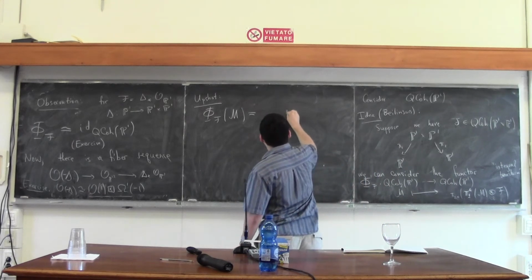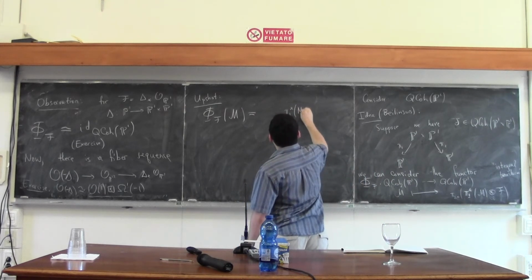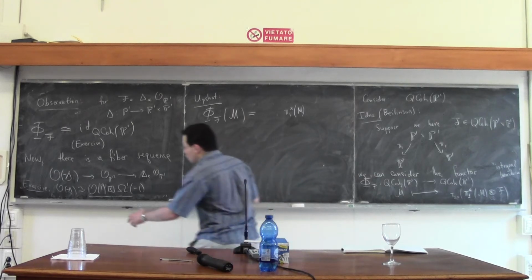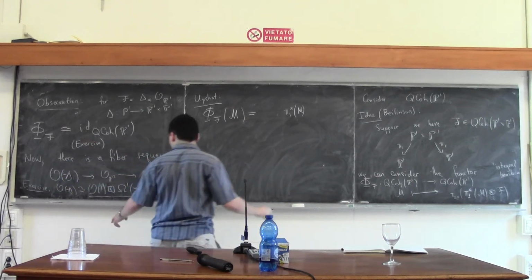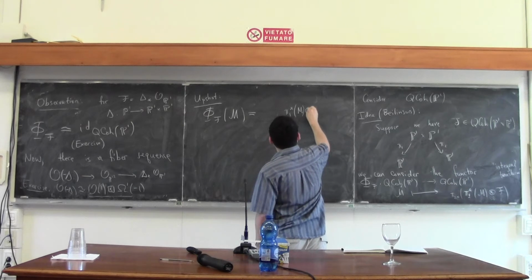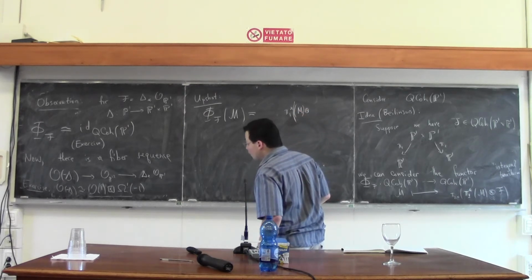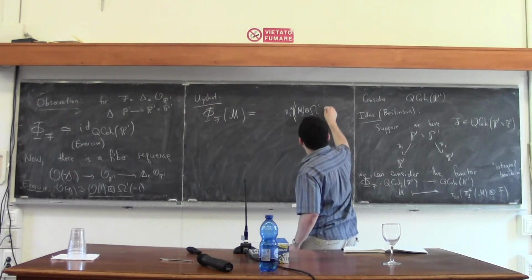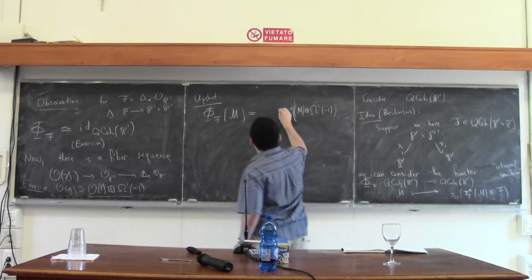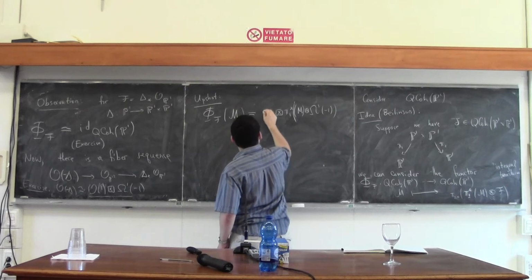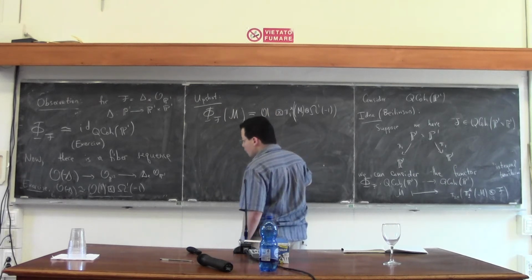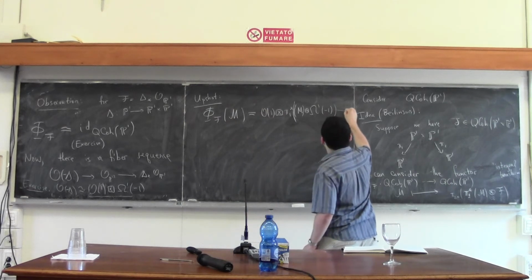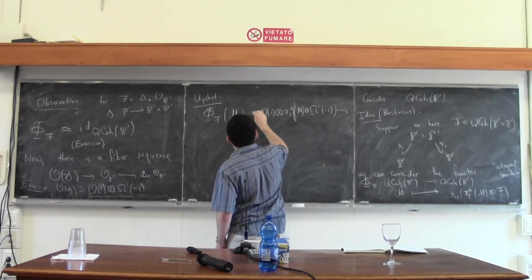So first we take pi 1 upper star of m. And I can just say what it ends up being: tensor omega 1, minus 1, box tensor O of 1, cofiber.